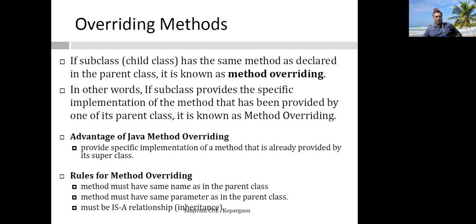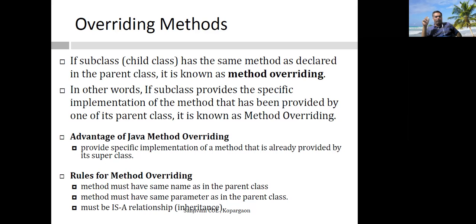In other words, if a subclass provides the specific implementation of a method that has been provided by one of its parent classes, it is known as method overriding. Method overriding means defining a same signature method with its implementation inside the base class as well as inside a derived class.